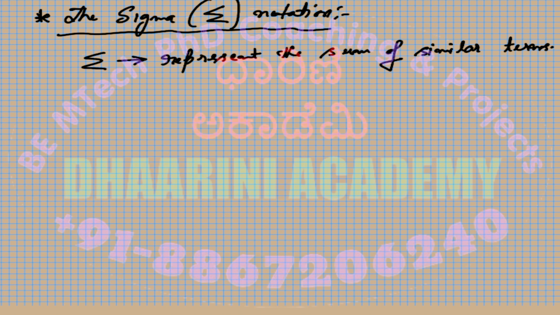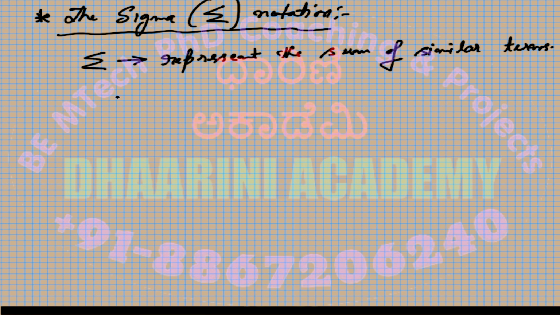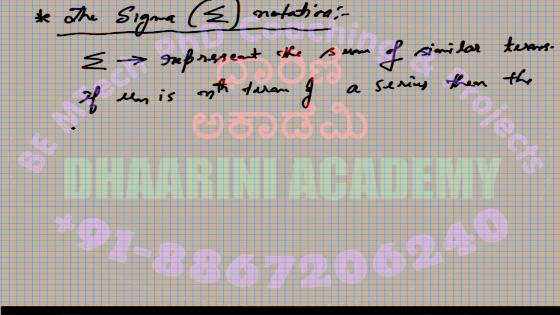Okay, for example, if I want to write the sum of the terms which use an nth term as un, if say un is the nth term of a series, then the sum of that series can be represented by using the summation notation, that is summation n is equal to 1 till some kth term.